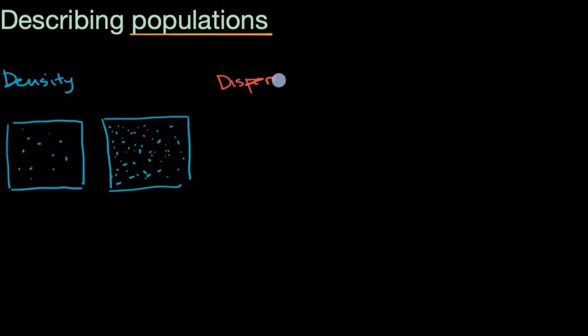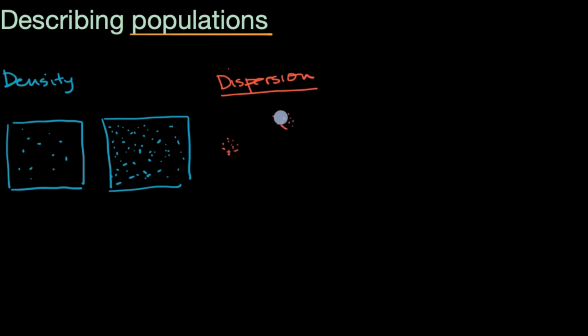You can view dispersion as thinking about how that population is actually distributed within an area. One way to think about dispersion is clumped dispersion. That's where a lot of the individuals of that population like to clump together.